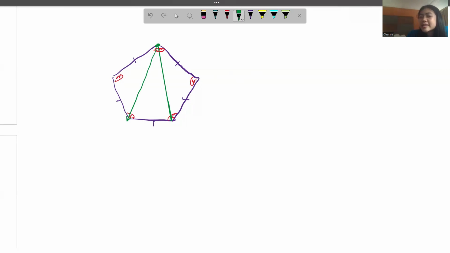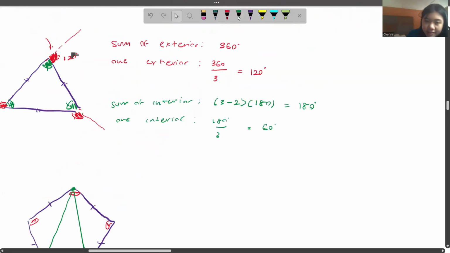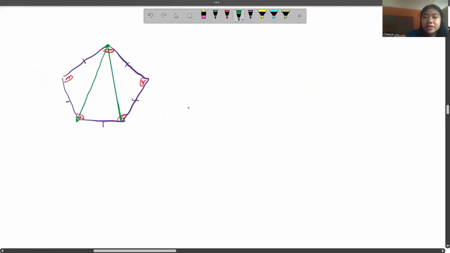Now, knowing the fact that the sum of the interior angles of a triangle is 180 degrees, the sum of the interior angles of this pentagon should just be the number of triangles you formed times 180 degrees, right? But how many triangles do you form in a polygon?